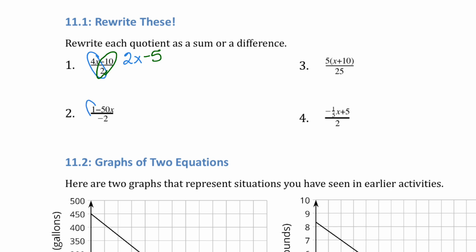What is 1 divided by negative 2? Leave it as a fraction. What's 1 divided by 2? It's just 1/2.